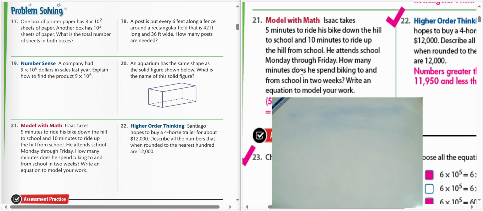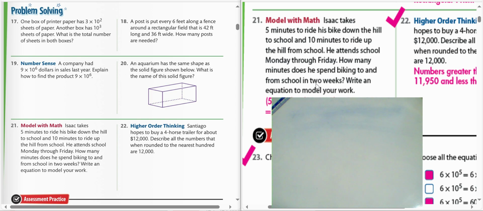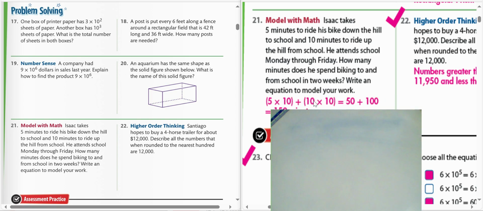How many minutes does he spend biking to and from school in 2 weeks? Write an equation. In the first week he takes 5 minutes to ride the bike down the hill to the school and 10 minutes to ride up. Then we can write 5 times 10.